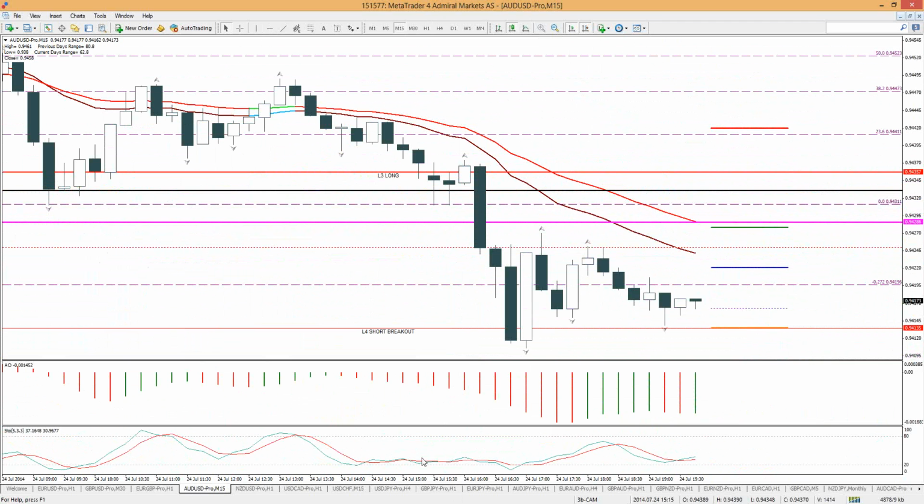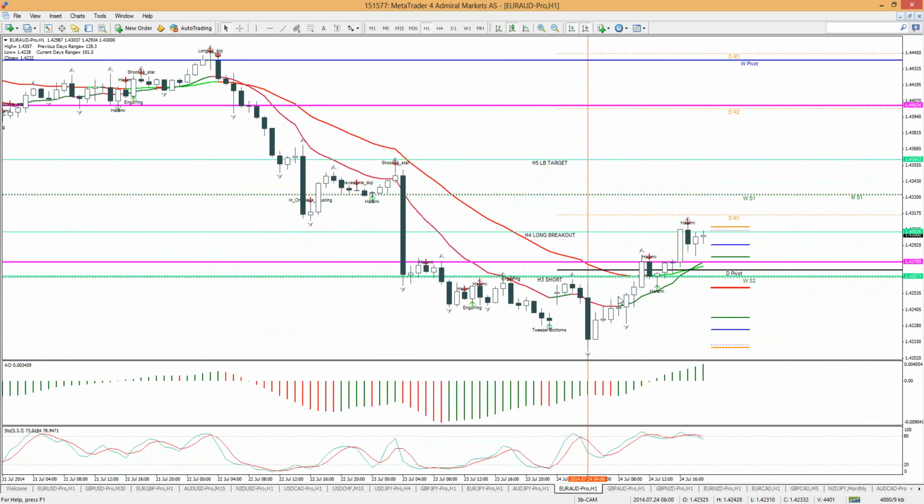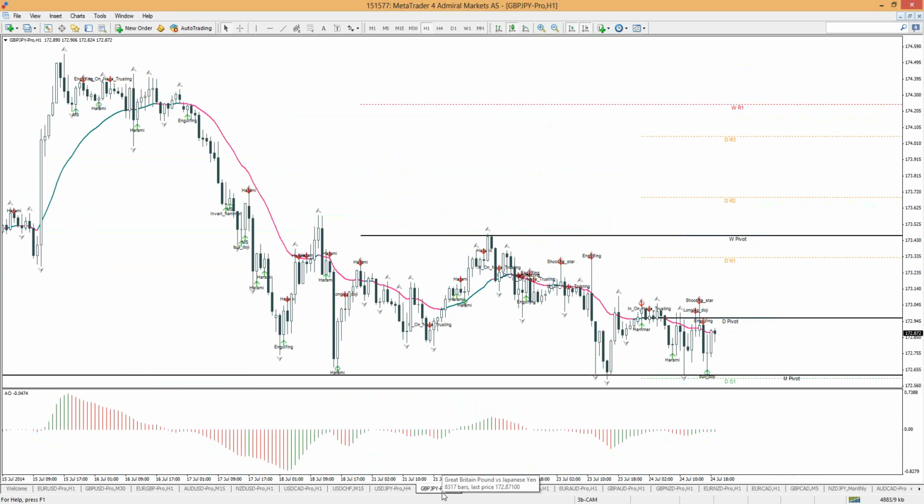Let me think if there were other examples today. Euro odd, let's see. I was initially looking for downside, but then I realized that the euro is actually retracing up. You could see maybe a retracement on the euro odd. So this is not a good example, actually. Today there was a lot of bouncing about on the pound yen. I don't think I have any other examples, actually. I was not looking at the Kiwi.